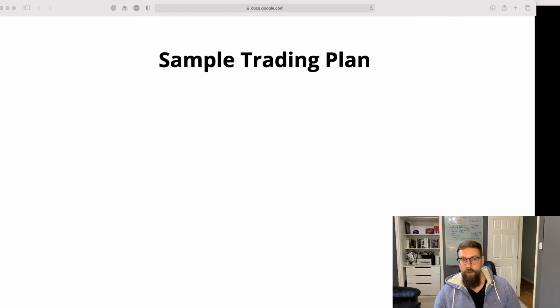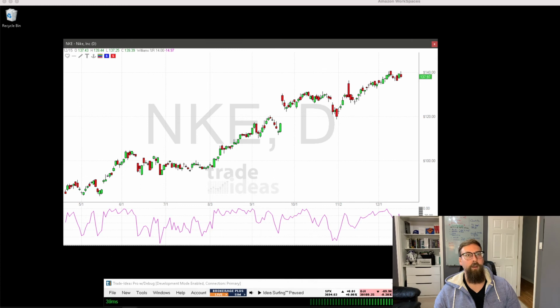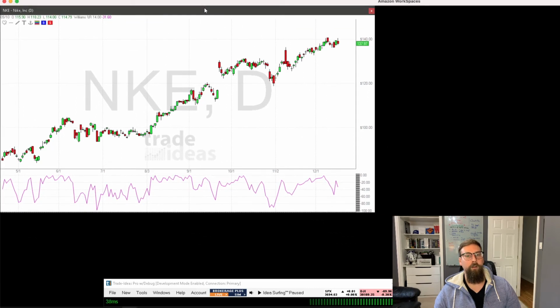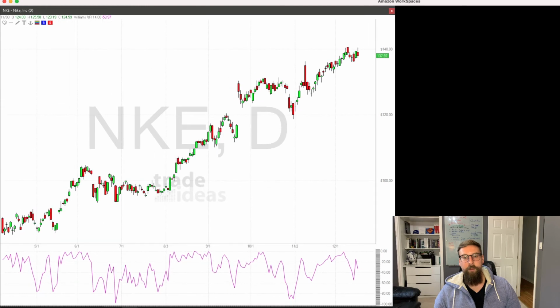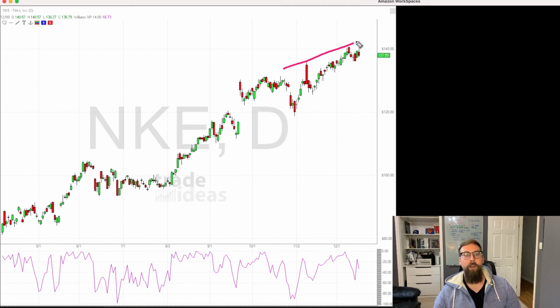So a simple trading plan, or a sample trading plan. Let's take a look at kind of how that may work. Looking here on Nike, and let me just make this chart a little bit bigger for you guys. If we take a look here on Nike, we can see that there's a little bit of a divergence occurring here, where this has been kind of pushing up right through here, but just the last little bit, we've noticed a bit of a down strike in Nike.